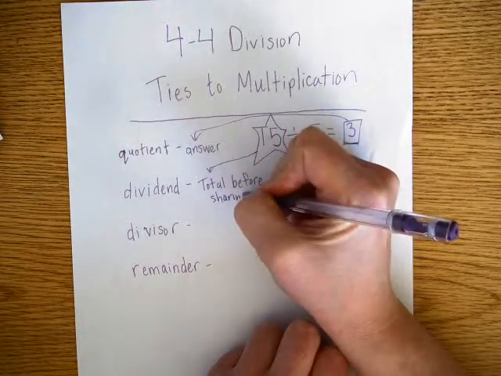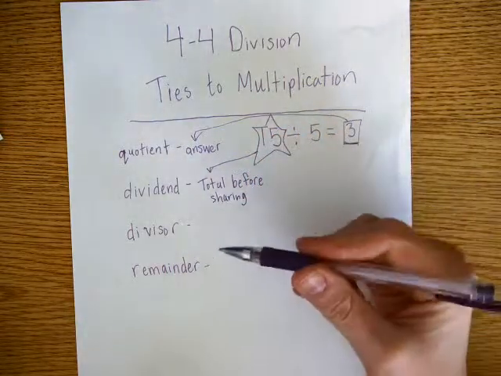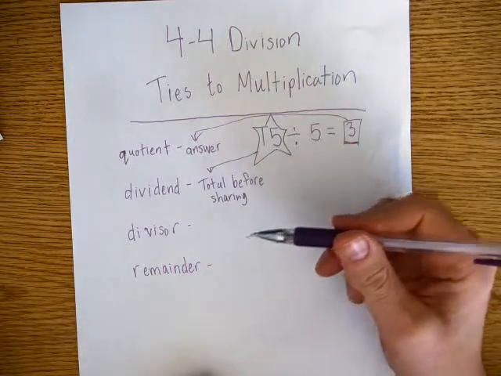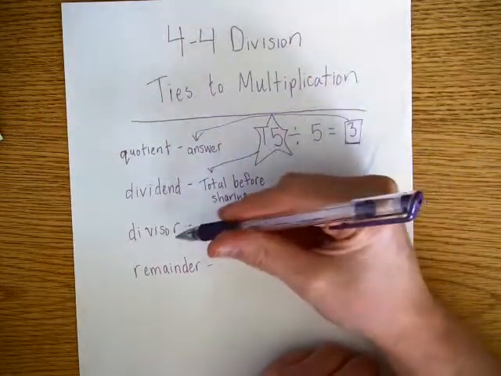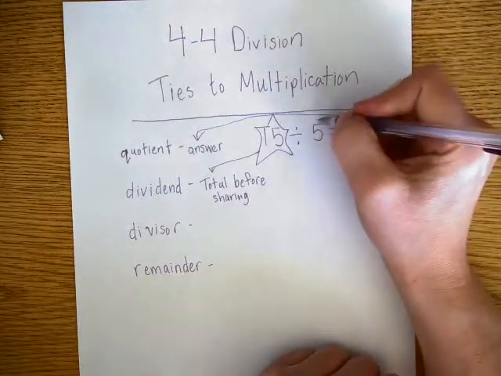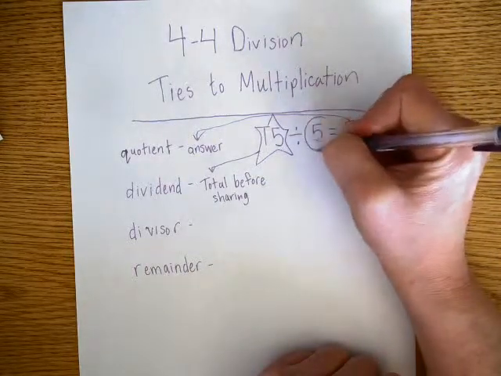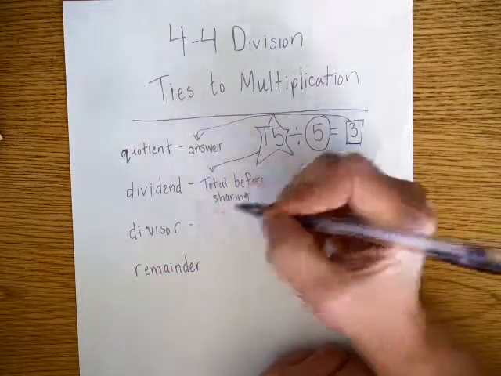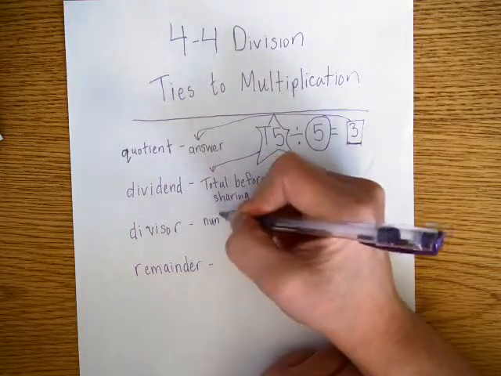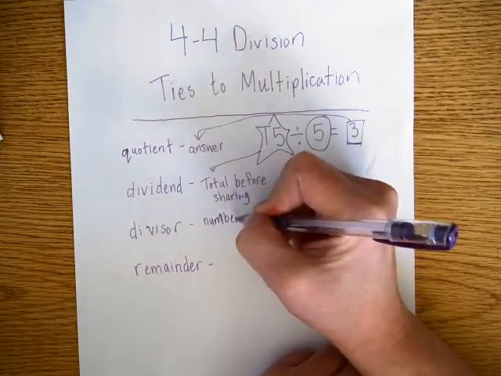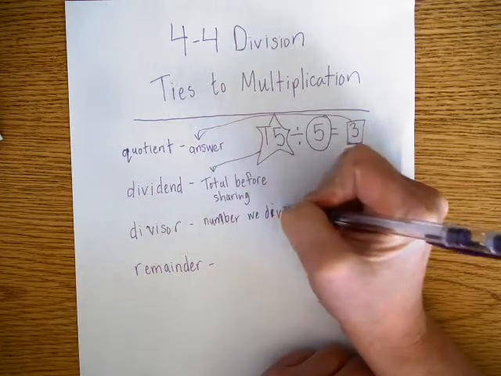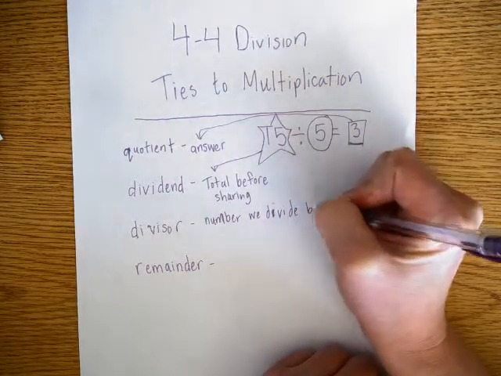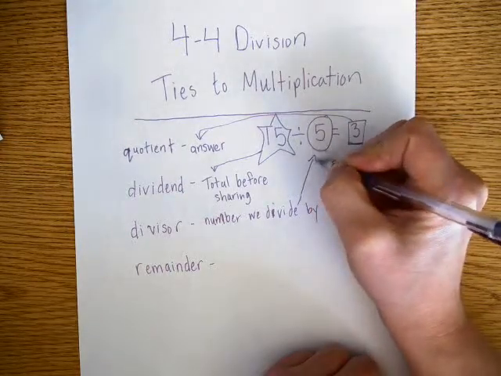And then the divisor is the number of equal parts, or the number in each equal part. It's this number here that we're dividing by. So the divisor is the number we divide by, and that's right here.